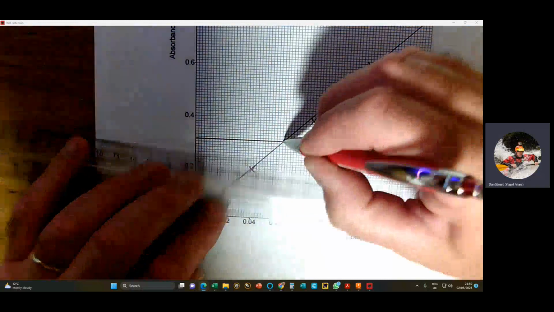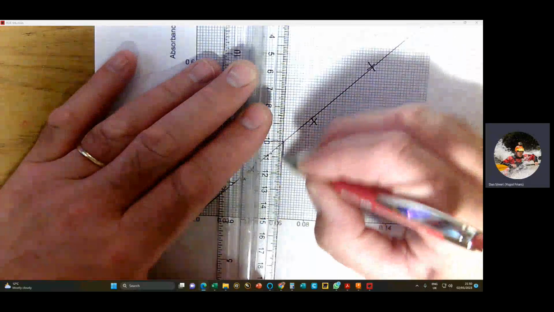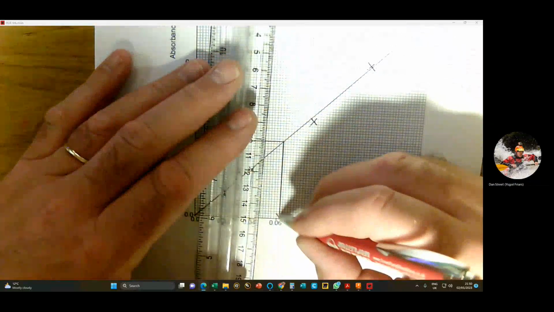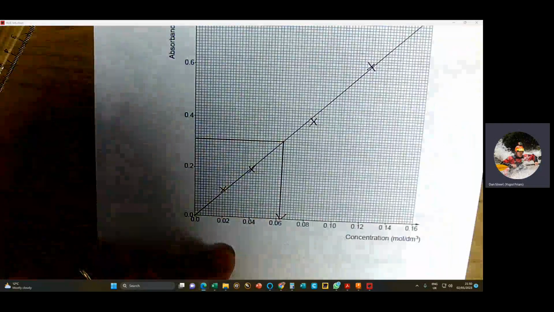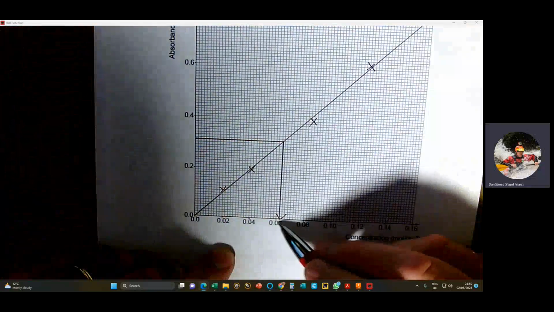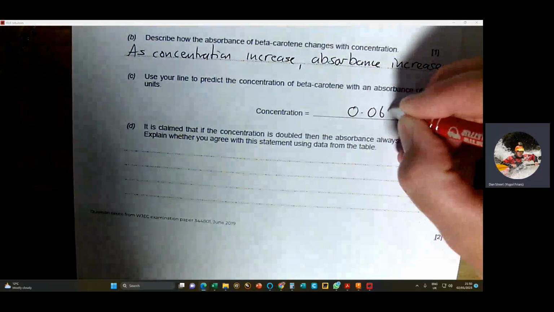When it touches the line of best fit, you drop a perfectly vertical line down. I would put an arrow on the end of it to make it absolutely clear. And then that's 0.062. So concentration 0.062 moles per decimeter cubed.